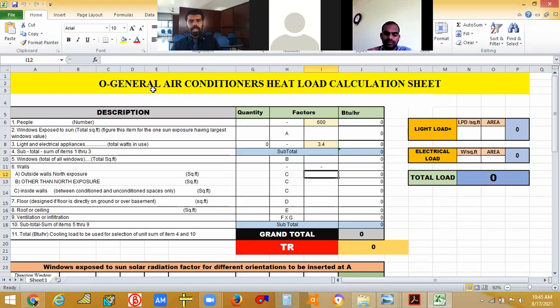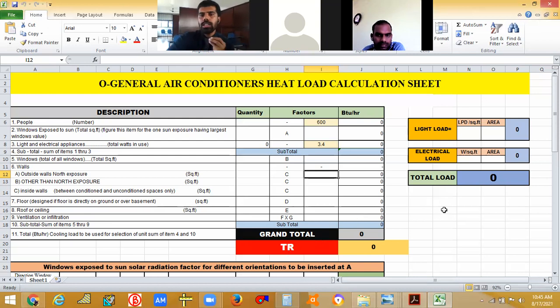So anyway, we can see how to calculate the ton, or heat load, or the capacity of the air conditioner by this method. Here you can see there is description, quantity, factors and BTU per hour. This BTU per hour is the amount of heat. So we'll be adding all the heat, and the sum of the heat will be converted into tons of refrigeration.